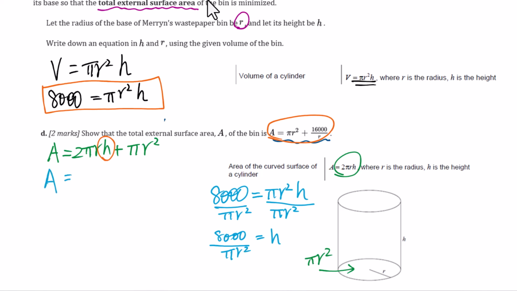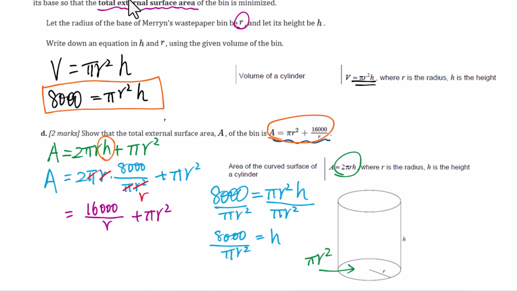Therefore, total surface area A equals 2 pi r times 8,000 over pi r squared plus pi r squared. Simplify. We got 2 times 8,000 is 16,000 over r plus pi r squared.